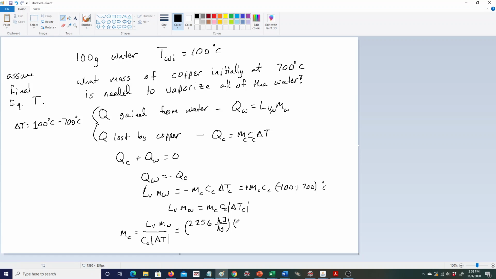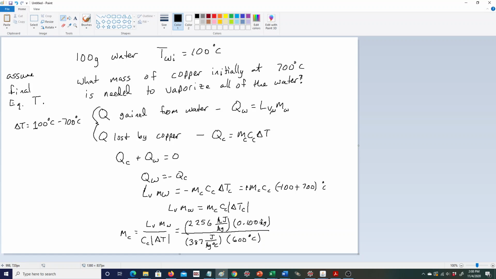And we're going to multiply that by 100 grams, or 0.100 kilograms. And I'm going to divide this by the specific heat of copper, which from before was 387 joules per kilogram per degree Celsius, multiplied by our temperature change, which is going to be 600 degrees Celsius.